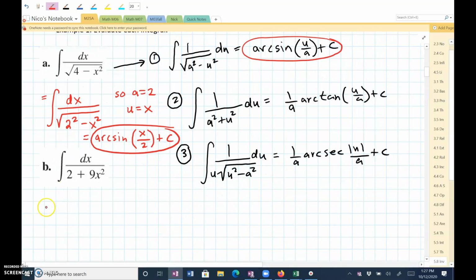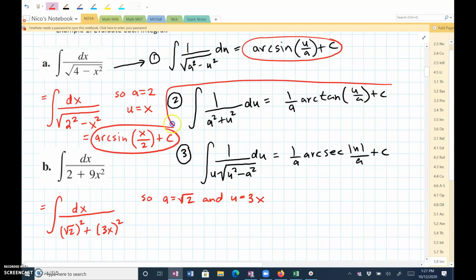Look at B. So first of all, let's rewrite this as du all over the square root of 2 squared plus 3x squared. So a is equal to the square root of 2 and u is equal to 3x.